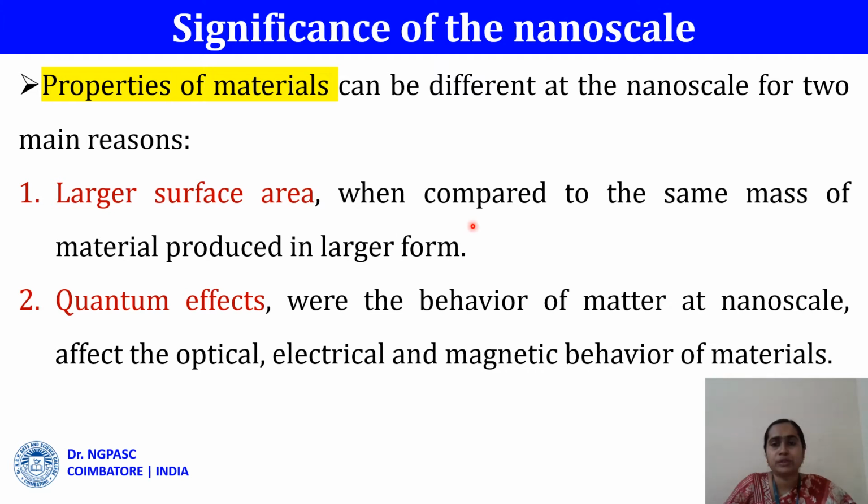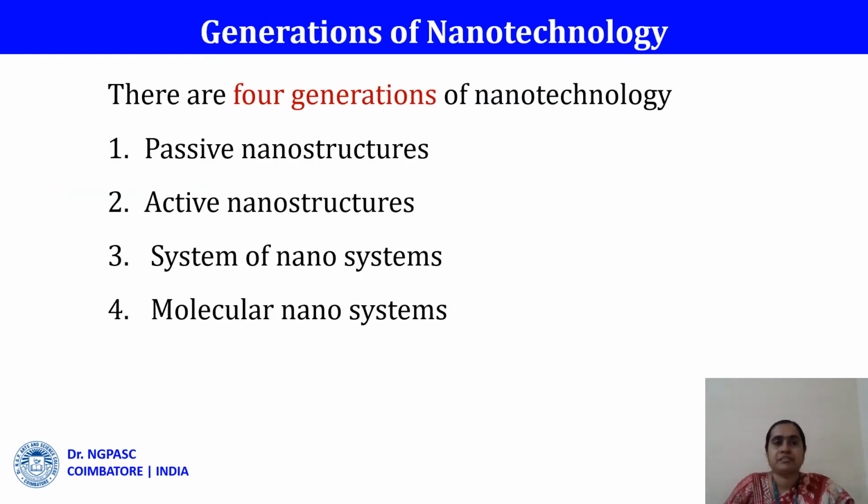When compared to the same mass of a material produced in larger form, they have a larger surface area, and the behavior of matter at nanoscale can affect the optical, electrical, and other properties like magnetic behavior of materials due to the quantum effect. So we have to remember these two are the major reasons why the properties of materials change: large surface area and quantum effects.